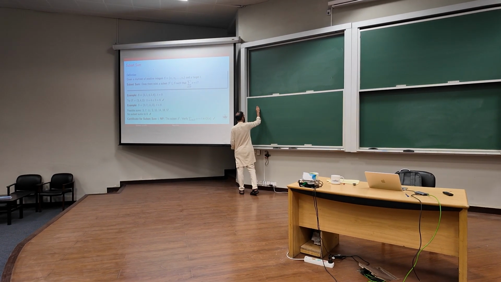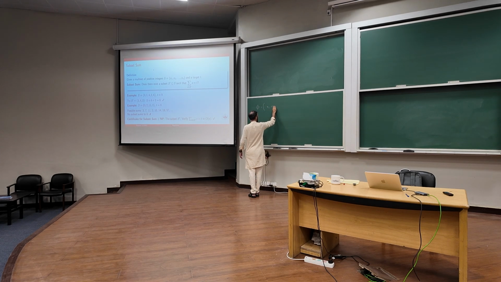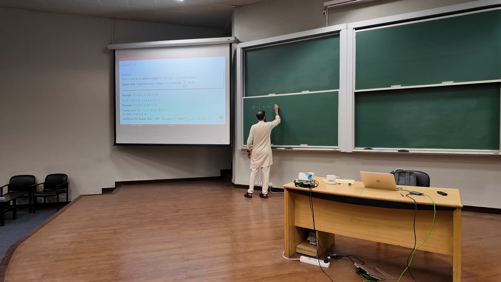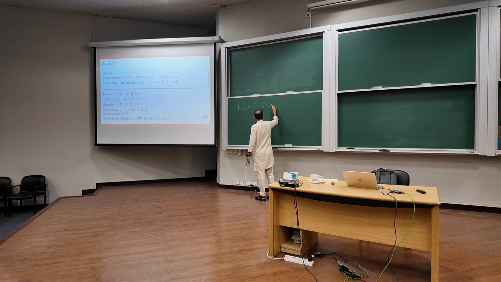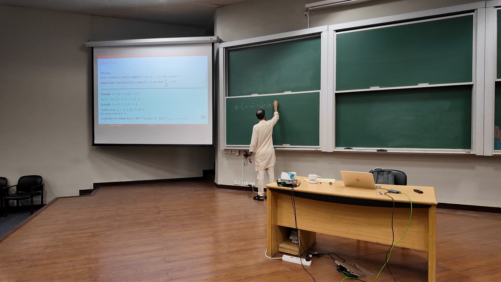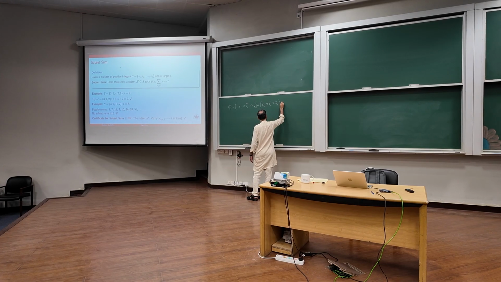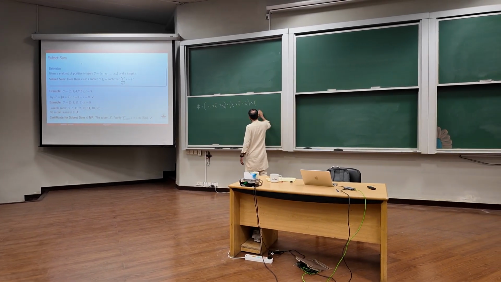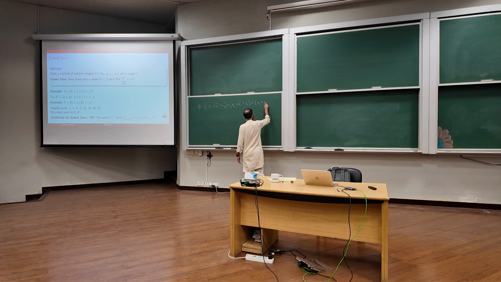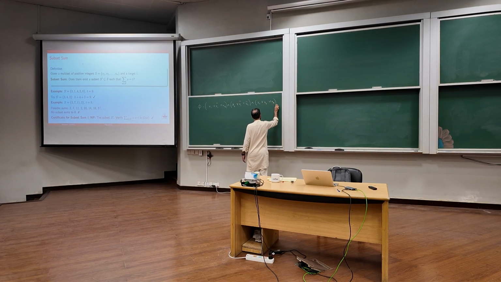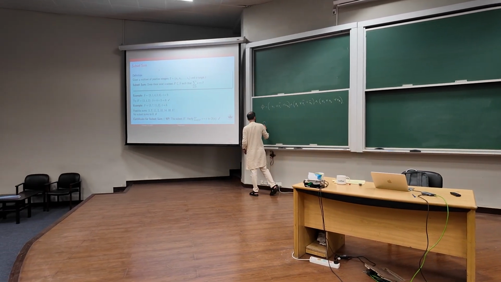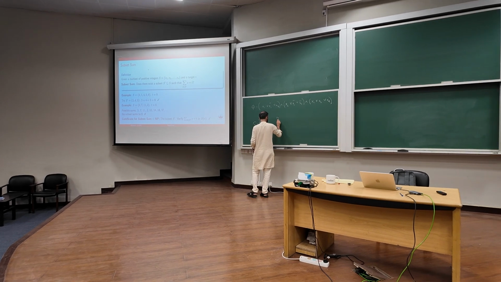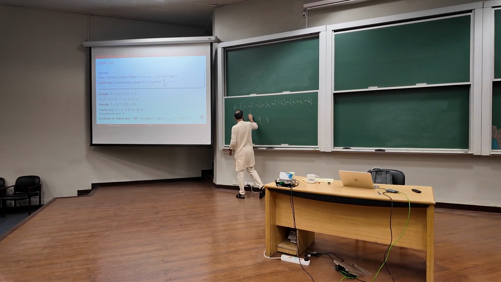In your input you are going to have a Boolean formula, which is going to be x1, x2 bar, or x3, and so on. x1 bar, x3 bar, and x1 or x2 or x4. We have to convert something like this into something like this.